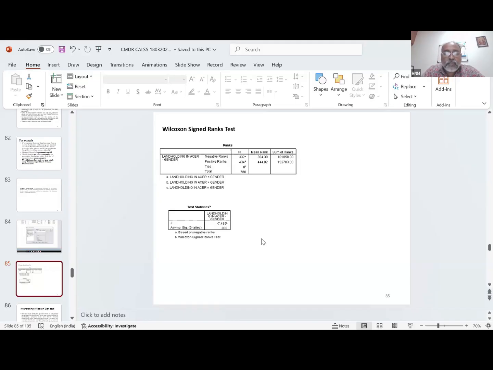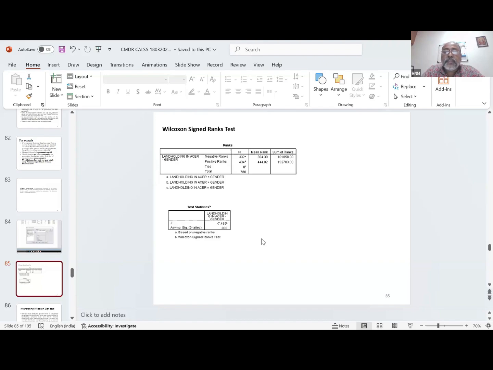Please remember that. So how does it treat the data? It divides the data into two groups, ranks the scores, then finds the sum of the ranks and the mean of these ranks.